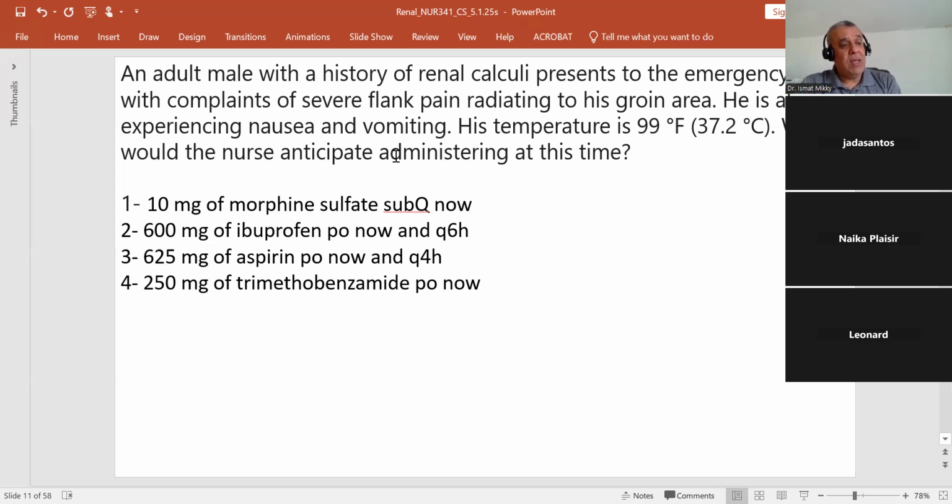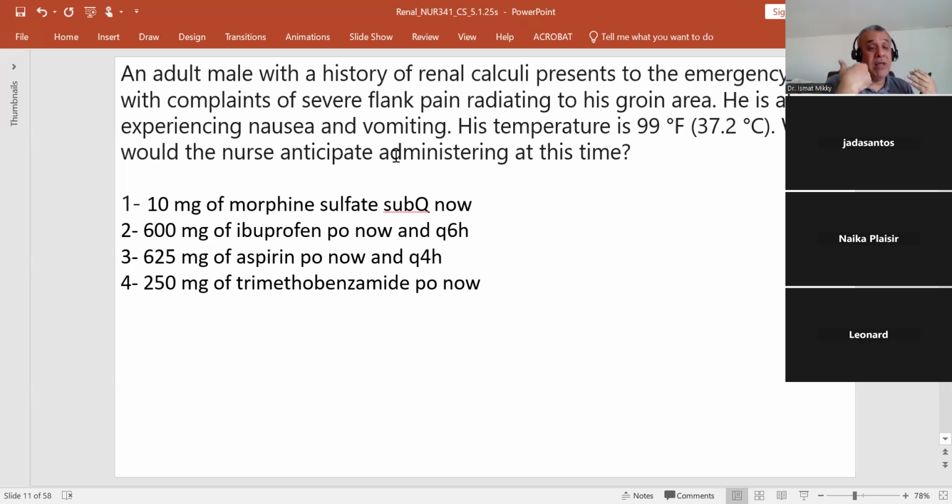So the question, this one is about the pain management. This patient has a renal colic, severe pain from the kidney stone. And the patient has all the symptoms, even with colic, with nausea and vomiting.